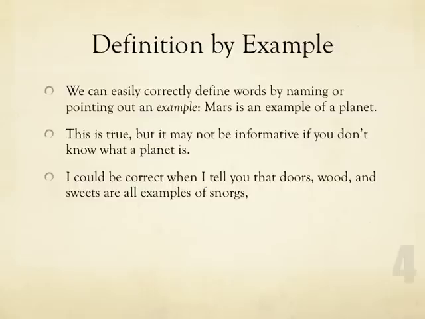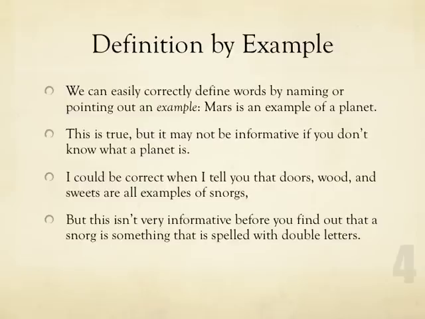Now, some of you might be able to figure it out, but a lot of people might not. You might say, well, okay, those are examples, but you're not really getting at what it is. What are the requirements to being a snorg? Give me more information. So here's the definition that gives you more information. A snorg is something that is spelled with double letters. All right?